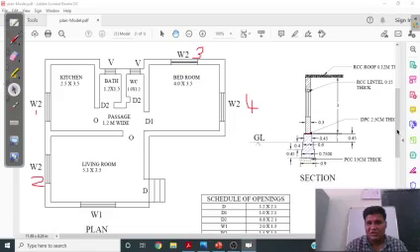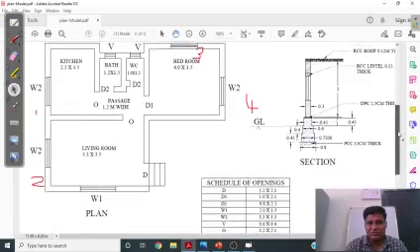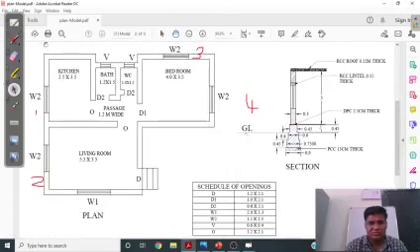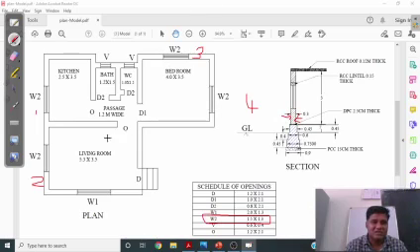The W2 size is 1.5 by 1.3. The width of the wall is 0.3. So there are 4 numbers of W2 windows and the dimensions of those windows are 1.5 by 1.3 and the width of the wall is 0.3.